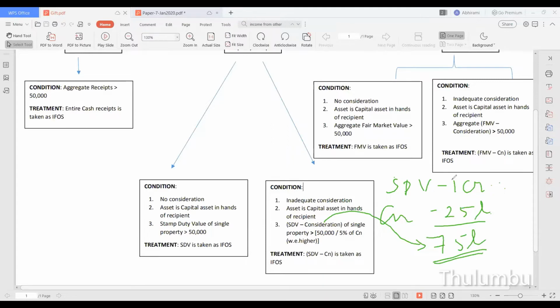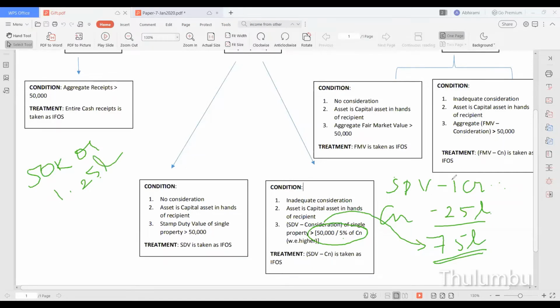Then find out the other value. It is either 50,000 or 5% of consideration. So 5% of my consideration, 25 lakhs into 5%, comes to 1,25,000.